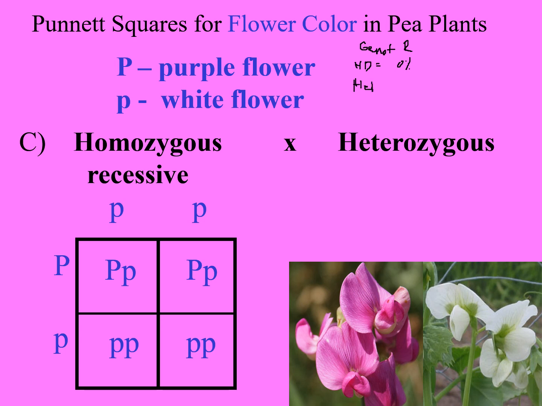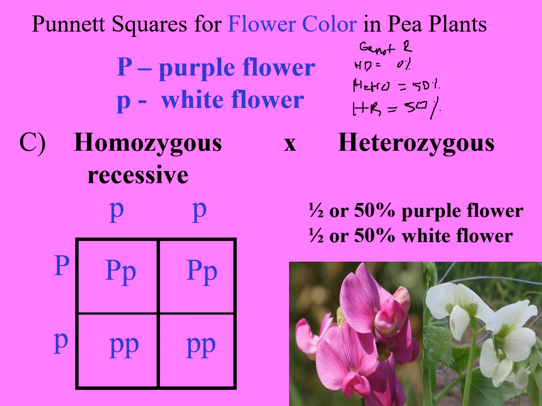For a heterozygous, the odds are here and here, so that's 50%. Notice I'm using percentages this time, not fractions. Again, I don't care which one you use, just make sure you're right. So 50%. And then homozygous recessive, again, when you guys do this, write out the full terms, don't shorthand. Homozygous recessive is here and here. So again, that's 50%. And again, this should always add up to 100%. So that's my genotype ratio.